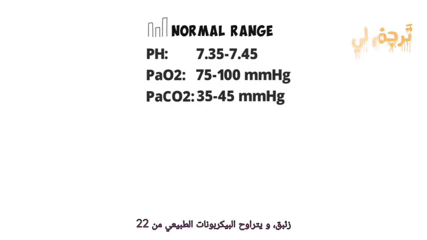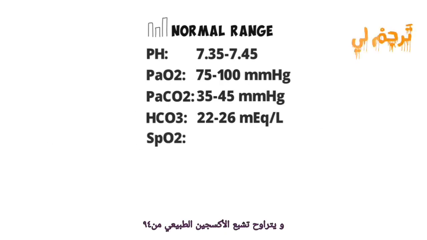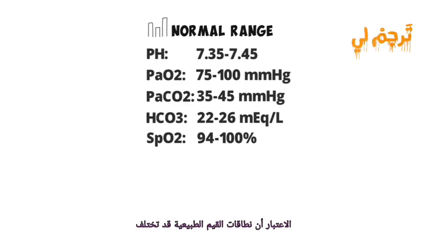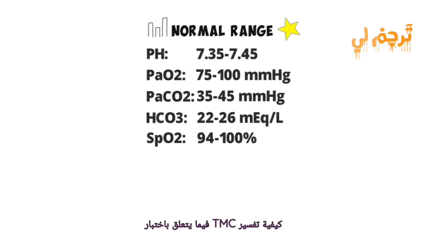The normal bicarb ranges from 22 to 26 milliequivalents per liter, and the normal oxygen saturation ranges from 94 to 100%. It is important to keep in mind that normal value ranges may vary slightly in different publications, but these are typically the values that you will need to remember, especially in regards to the TMC exam.